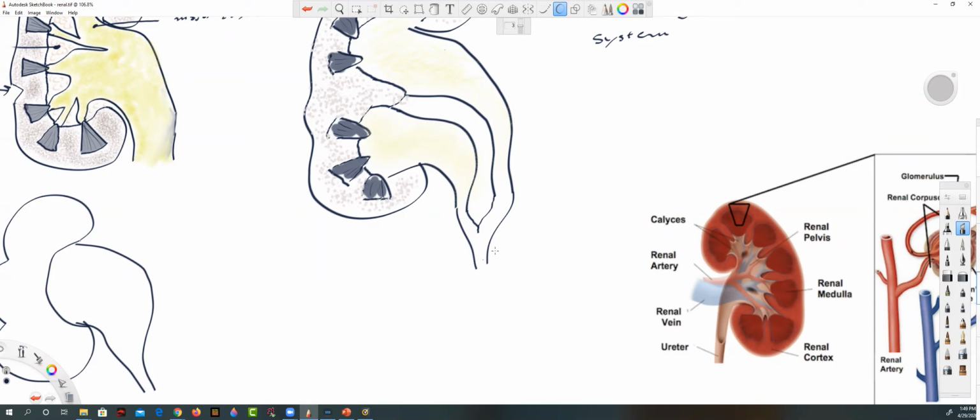You're probably better off if that happens, because the alternative is that these two stay separate all the way down. And what happens is, for some reason, the upper one usually has some problems at the far end. So it comes all the way down, and when it comes into the bladder, it doesn't come in the right spot, nor does it come in correctly. And it can cause a backup of fluid.